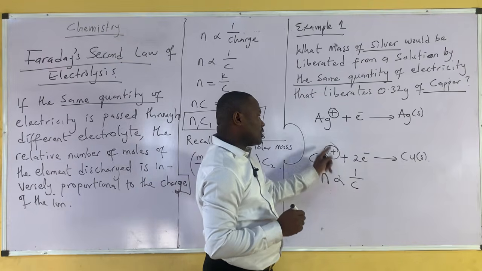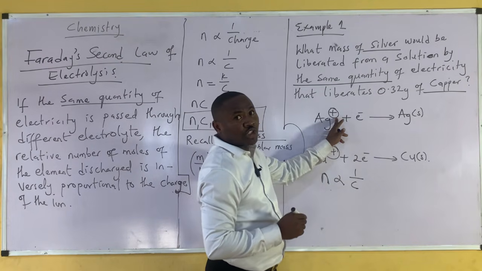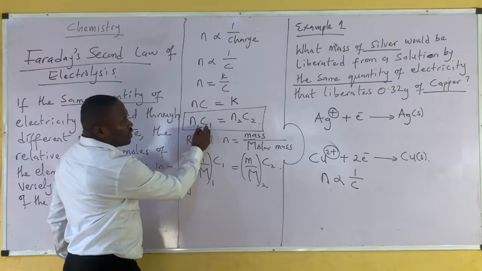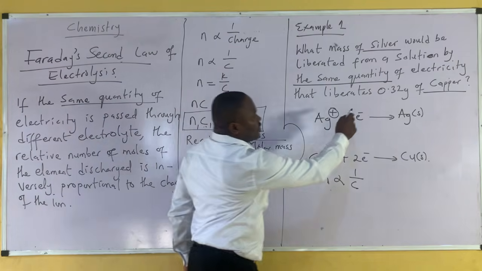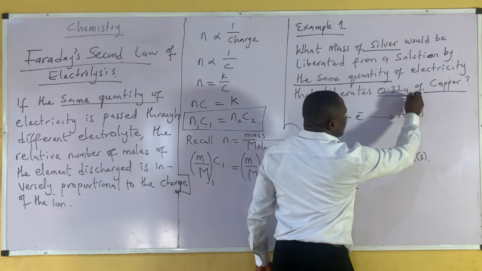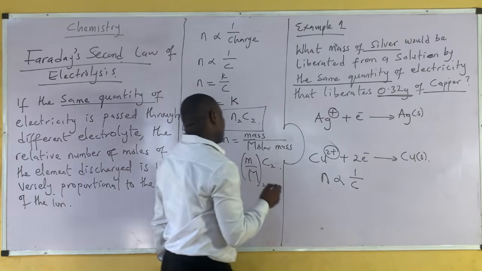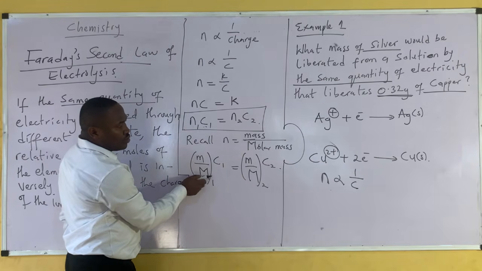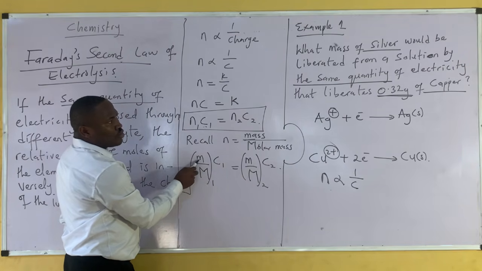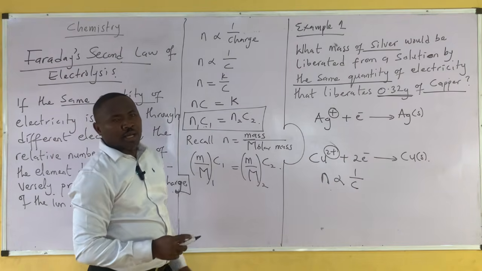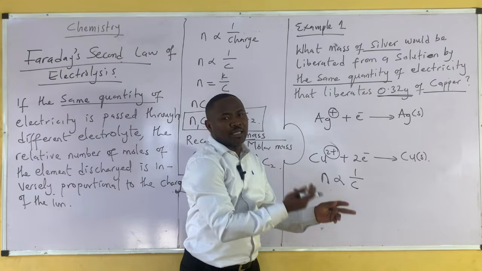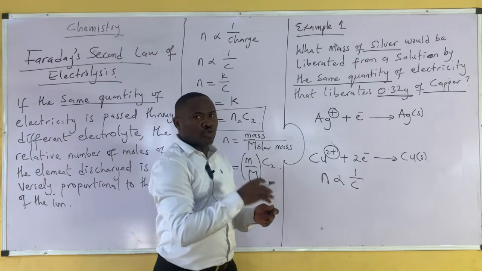Now remember, my question is not giving me moles, but is giving me grams, that is mass. So I will not be using this. Rather, I'll be using this because I need to get my answer in mass. It's still simple. I can solve it in moles, then convert from moles to mass.